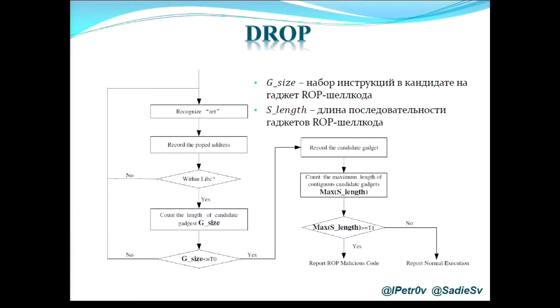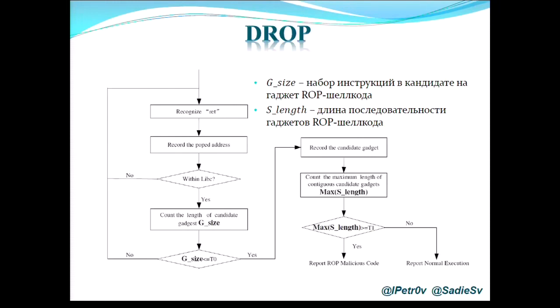ROP methods. Well, it's very complex on the screen, but briefly speaking about it, by statistical analysis, we search for possible gadgets, and the analysis goes on the basis of which possible number of instructions are present in the gadget. In addition to that, we have noticed that in legitimate programs, after transfer from the ret instruction, we can go to totally different areas of memory.